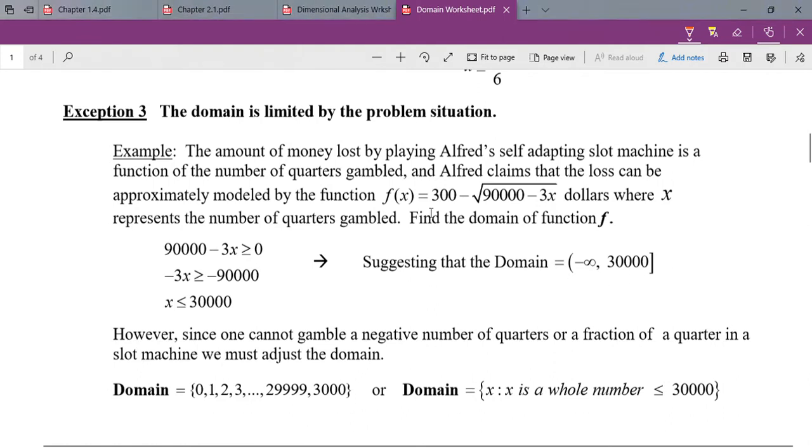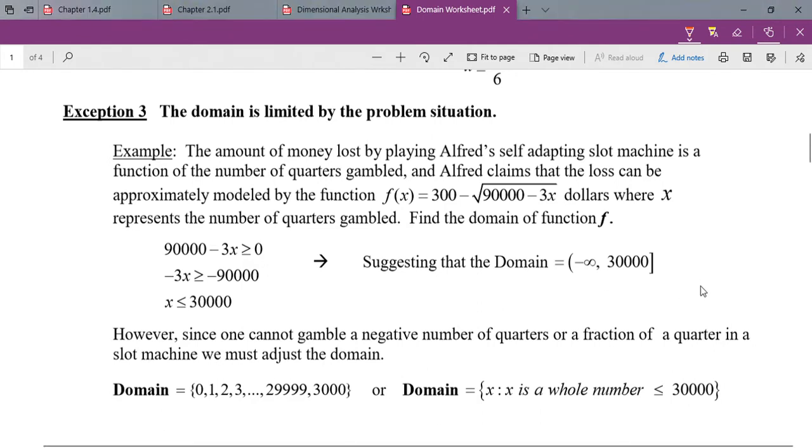However, because it's a word problem, the word problem suggests that maybe the domain isn't necessarily this entire domain that we think it is. Since we can't gamble a negative number of quarters or a fraction of a quarter, this domain can't be negative numbers, and it also can't be fractions or decimals.